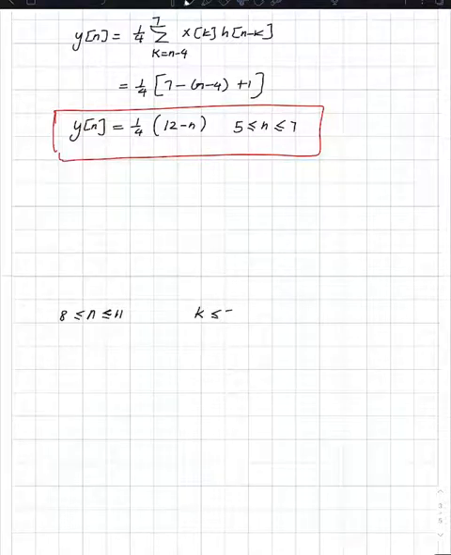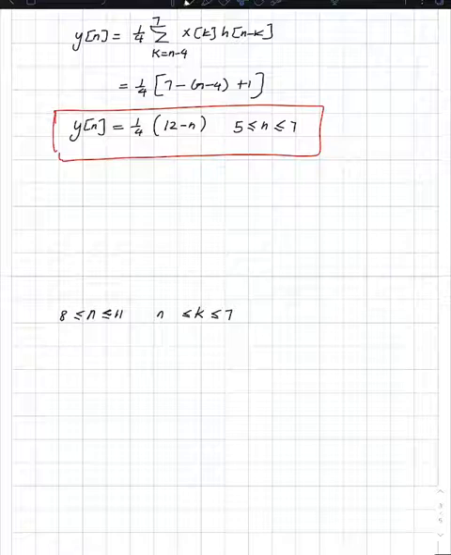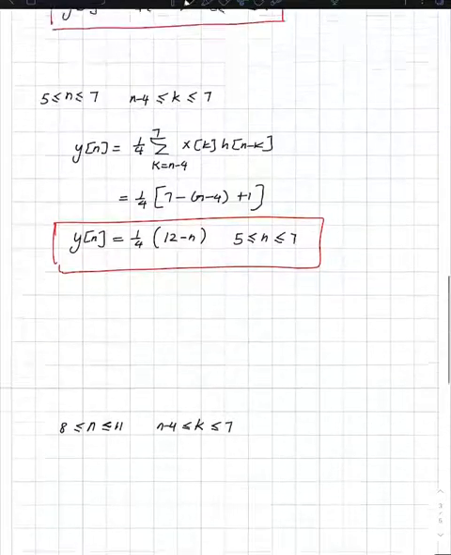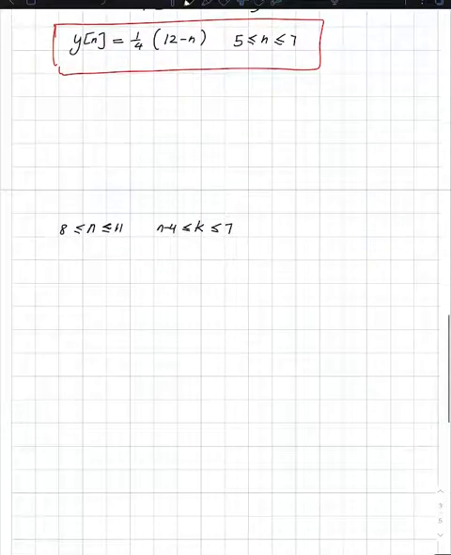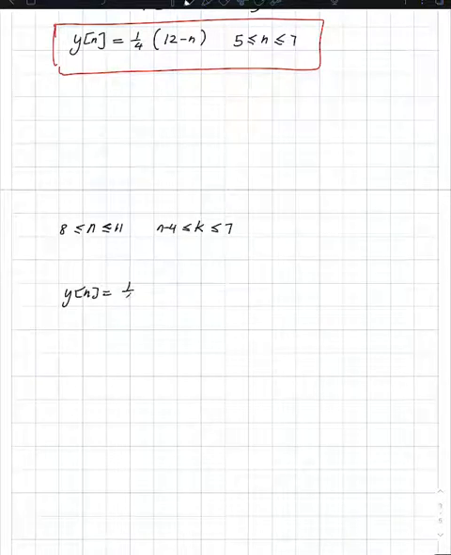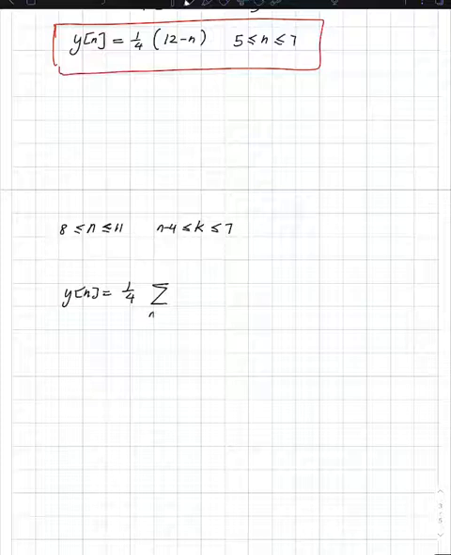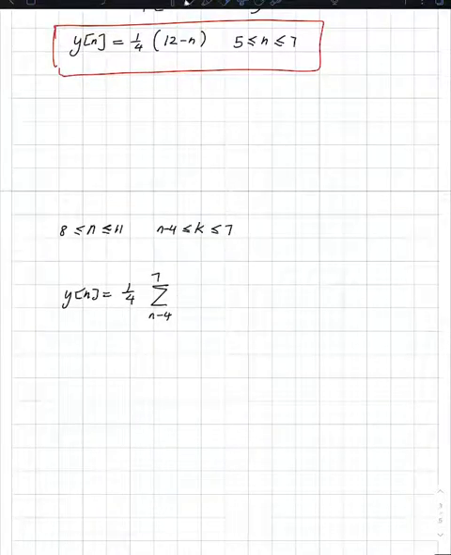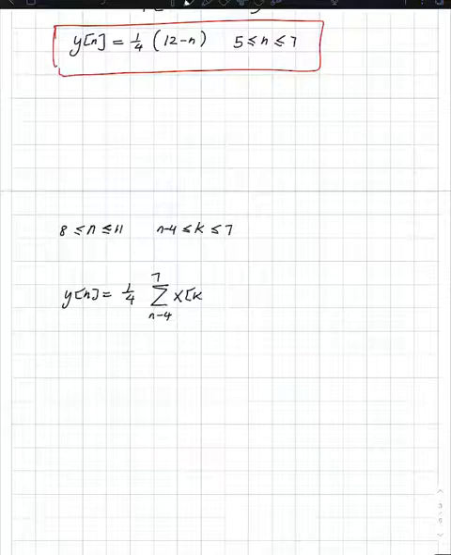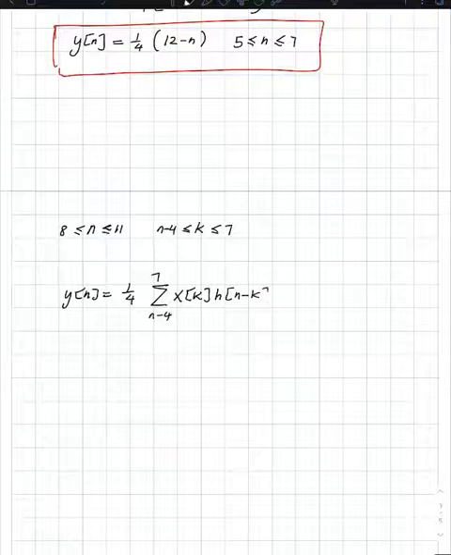So k is less than or equal to 7 but greater than or equal to n minus 4. So y[n] is 1/4 times the summation over the upper and lower limits of x[k] h[n minus k].